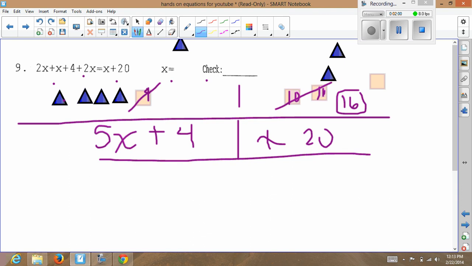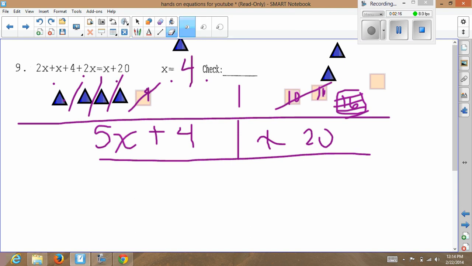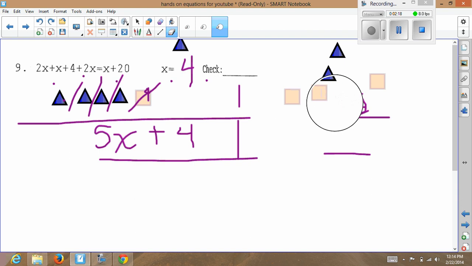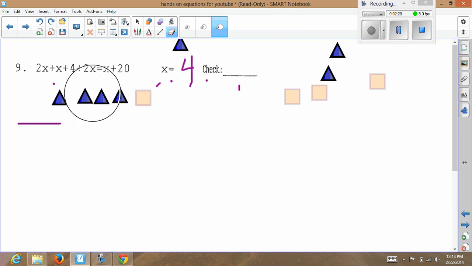And I don't want 4 pawns, I want 1. So I'm going to divide this by 4, splitting it into 4 parts, and 16 divided by 4 is 4. So x equals 4.